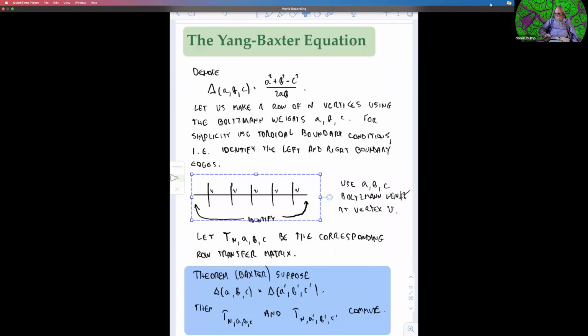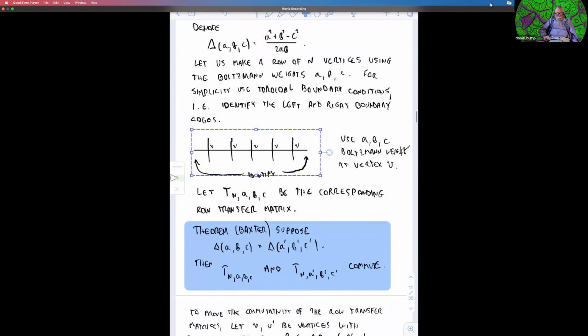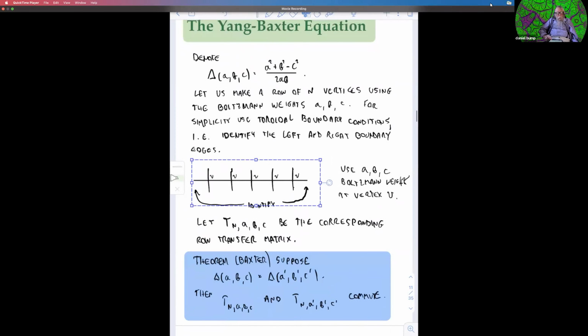Baxter proved that if you have two vertices, let's call them V and V prime, with weights A, B, and C, and A prime, B prime, and C prime, as long as these deltas are the same, then the row transfer matrices commute.